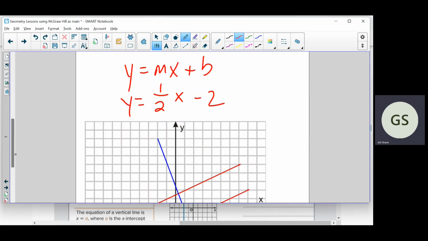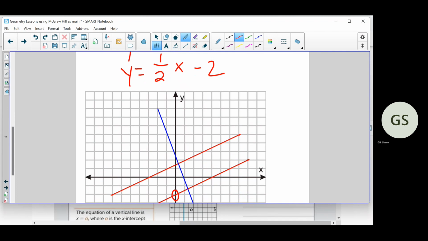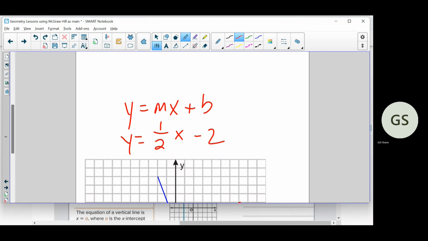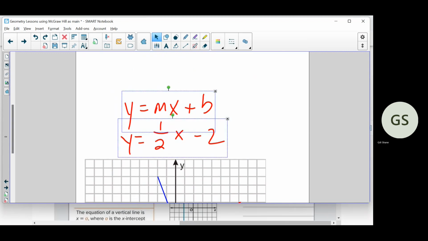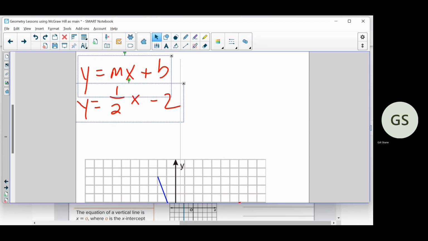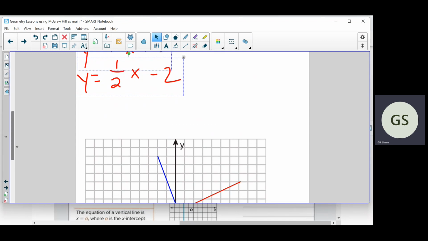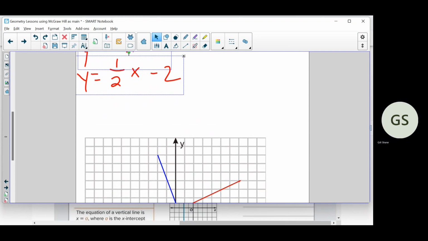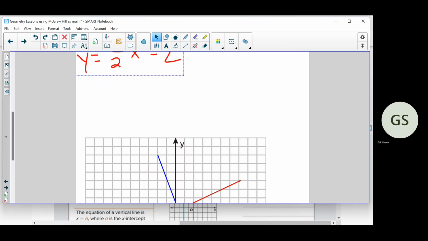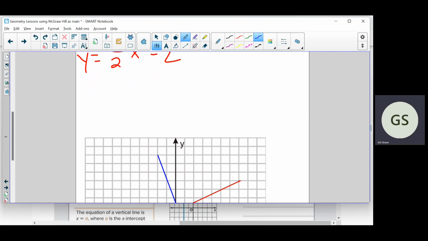Now, if I wanted to put that into point slope form, you say y subtract, and then you'd take a y value, we'll call it y1.